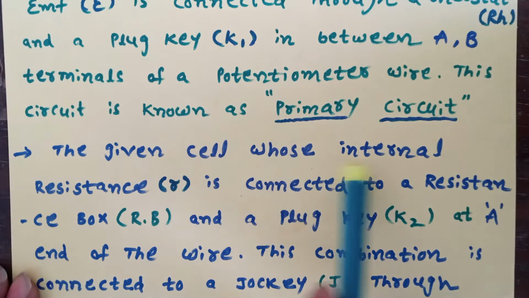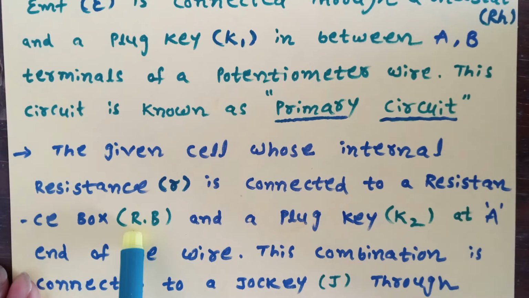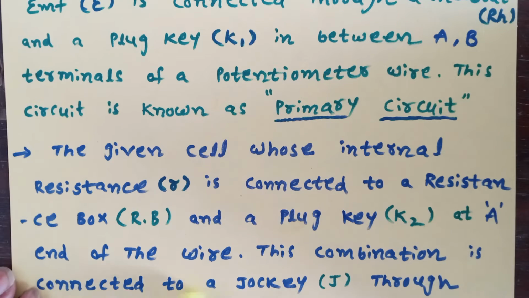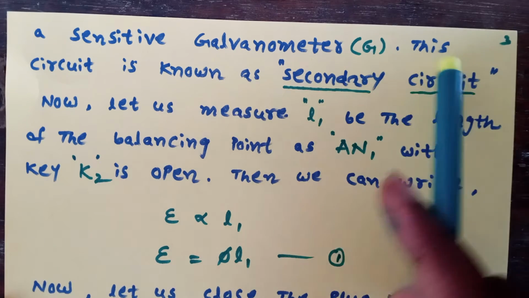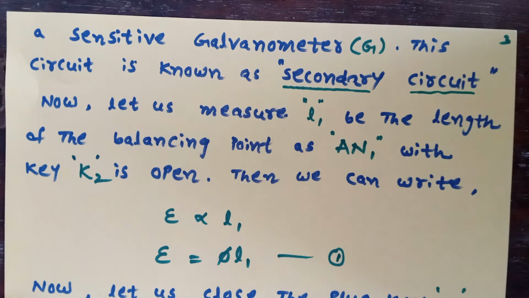The given cell whose internal resistance is r is connected to a resistance box and a plug key K2 at the A end of the wire. This combination is connected to a jockey through a sensitive galvanometer G. This circuit is known as the secondary circuit.